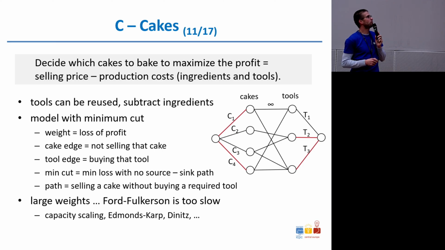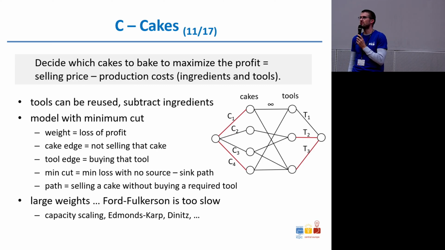So overall, if we're looking for a minimum cut, we'll get some minimum loss of profit with no existing path from source to sink. What would such a path represent? Such a path would represent selling some cake, so we decided against not selling it, so we're selling a cake, and there exists some edge to one of its tools such that we decided not to buy it.